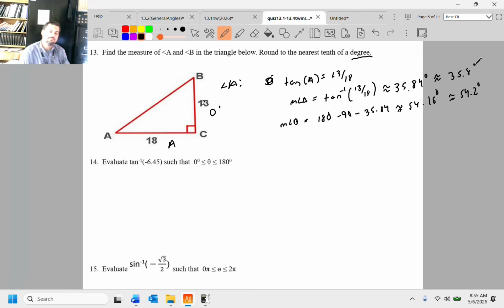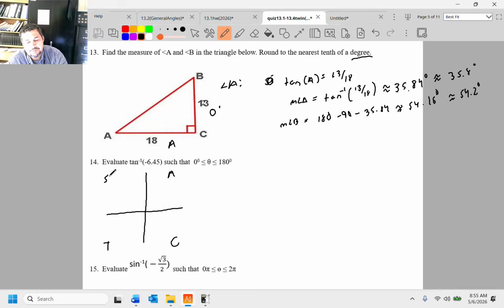All right. 14. Evaluate the arc tangent of negative 6.45 such that the angle lies between 0 and 180 degrees. All right, first off, I'm going to talk about ASTC.